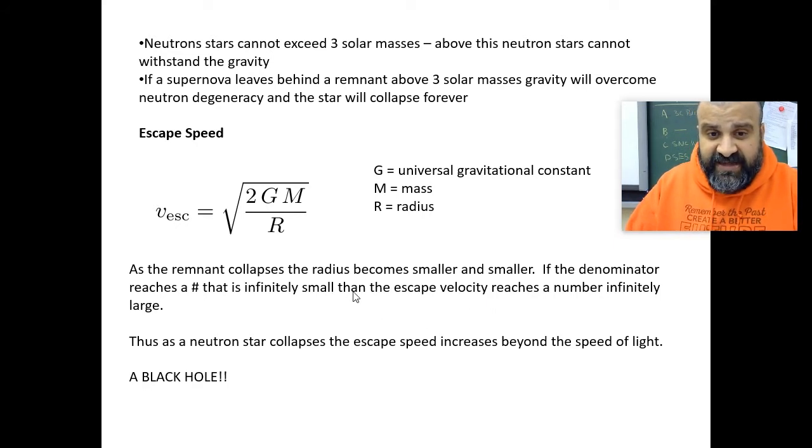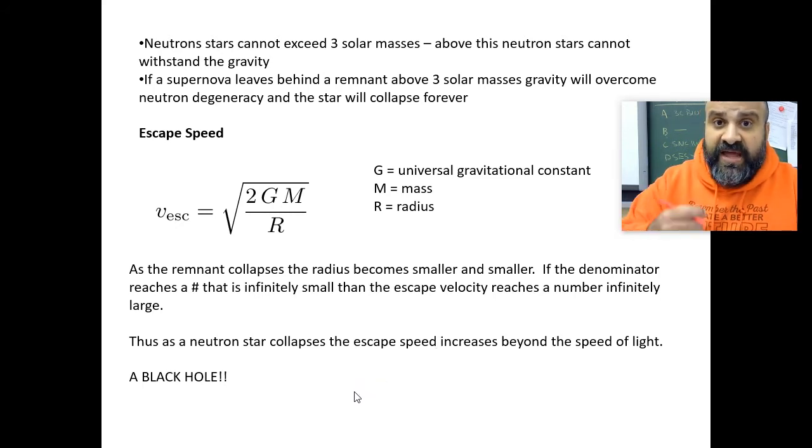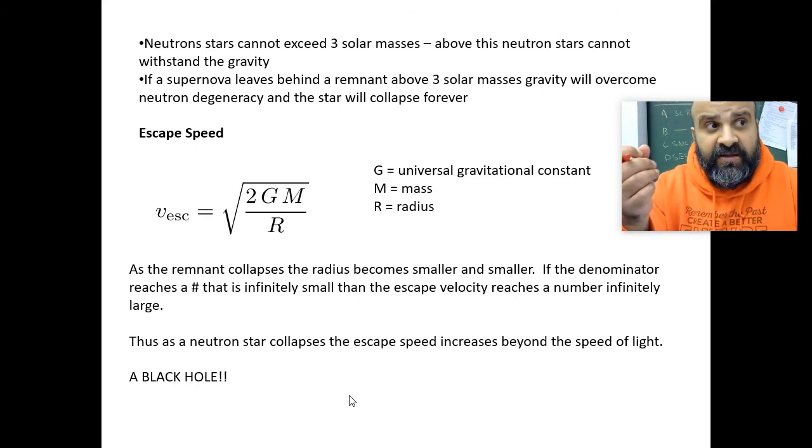Thus, as a neutron star collapses, the escape speed increases beyond the speed of light, and you have a black hole. Now the object has so much gravity that, traveling at the speed of light, you still can't get away from that object.